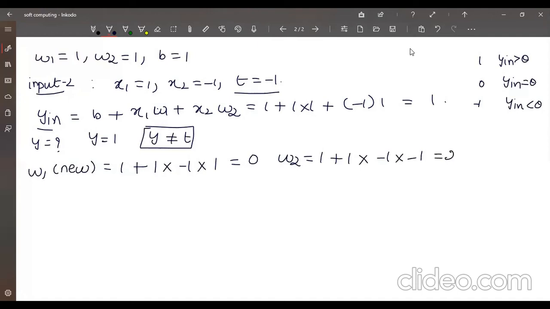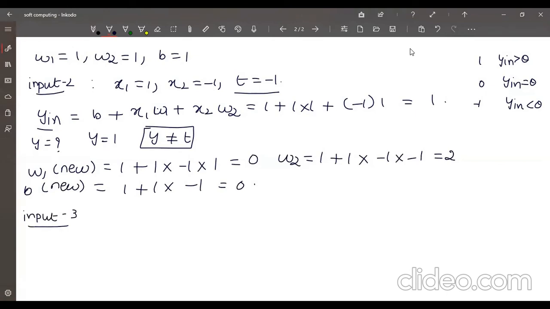And bias value B new: old bias value 1 plus alpha into target value minus 1, getting 0. So now with these new weights and bias value, find the input value for the third input.